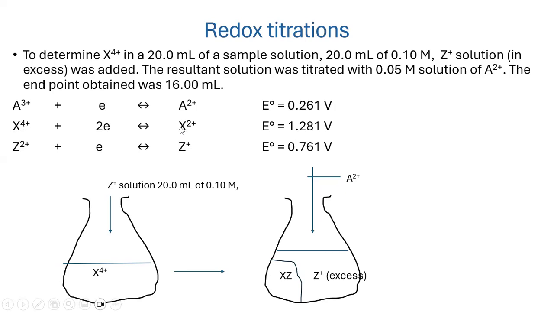Then you have added Z plus. Z plus can undergo oxidation. So it's X4 plus and Z plus. The oxidation states are agreeable for a reaction to take place. Right, now look at the feasibility.